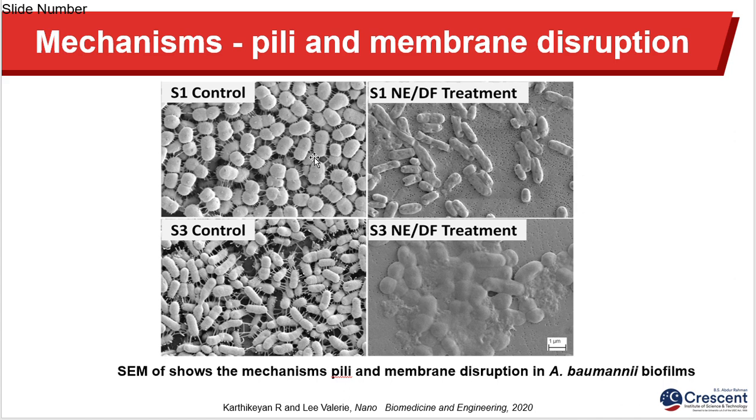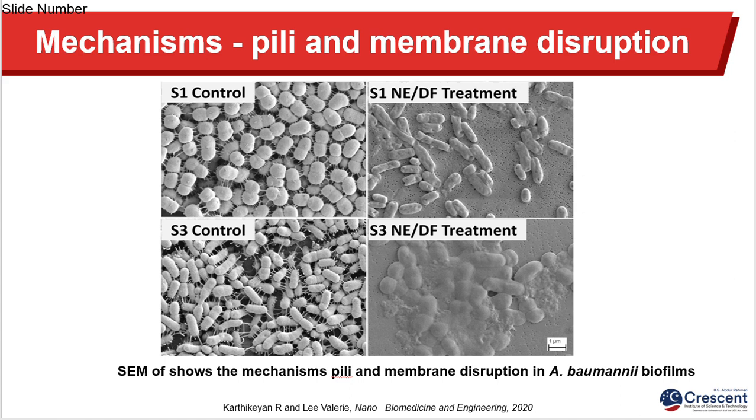See the pili formed; here also you can see very nicely they are forming pili and communicating with each other. Very nice, healthy biofilm. But when you see the one treated with the nano emulsion, it is in very bad shape. You see a completely irregular shape and a damaged look.